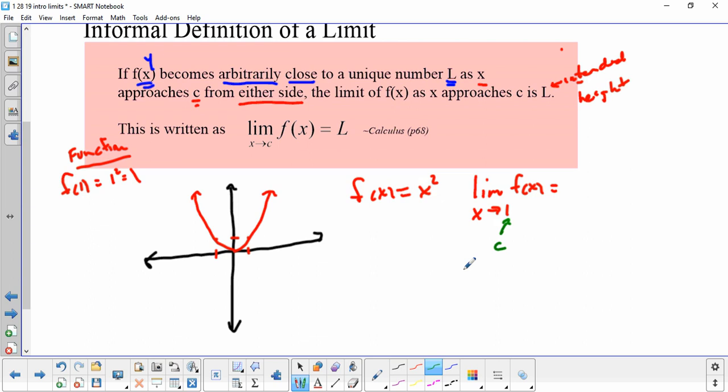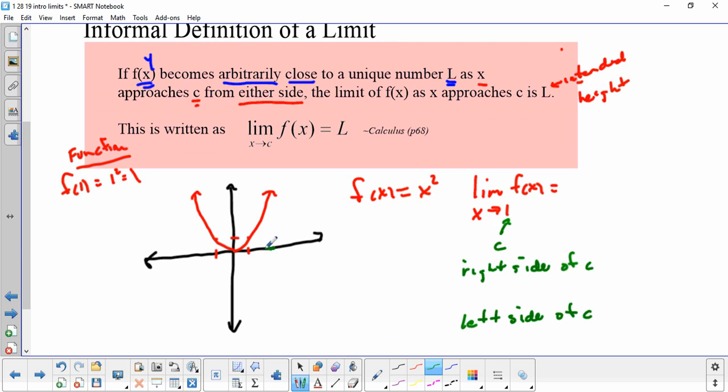Either side means we approach it from the right side of c, and we would have a left side of c.